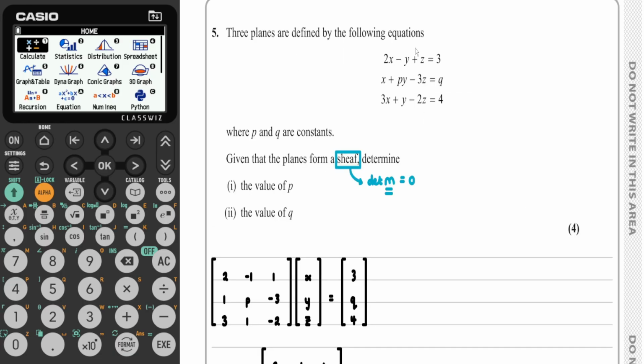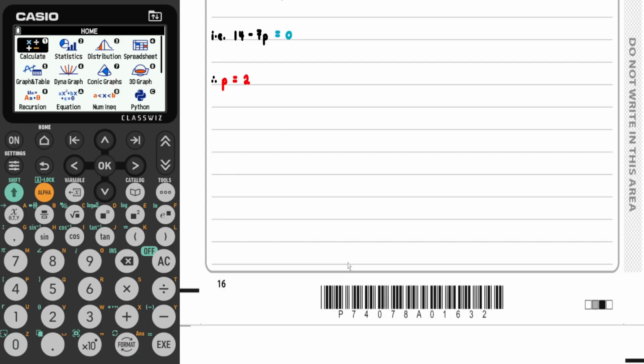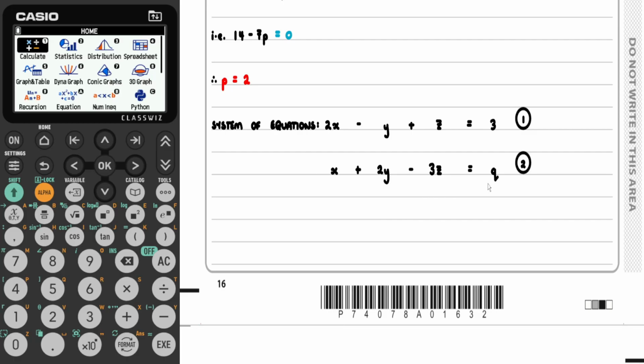So we can rewrite the system of equations replacing p with 2. For the system of equations, we've got 2x subtract y plus z equals 3. That's equation 1. We've got x plus 2y, remember p is 2, subtract 3z equals q, that's equation 2. And then we've got 3x plus y subtract 2z equals 4, which is equation 3.